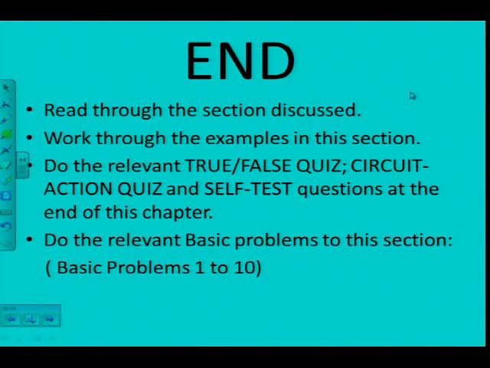Up to this stage, it's basic problems numbers 1 to 10. In your homework books, ladies and gentlemen, please remember it's important that you do it in a homework book so that you can ask questions the next time we get together if there's something that you don't understand, and also so that you can use it to do revision for tests and exam purposes, and even for future reference if you don't understand anything.